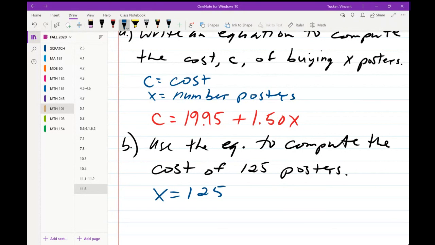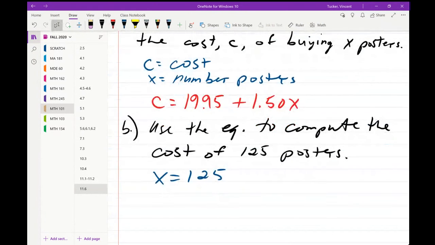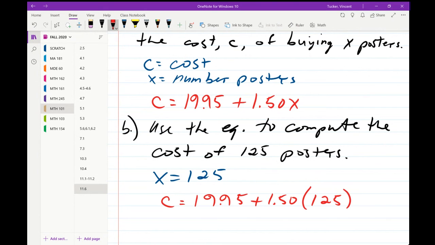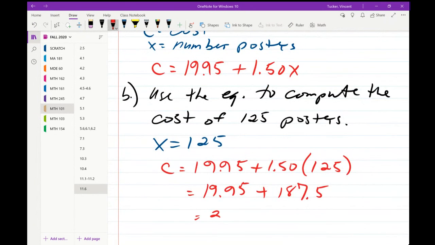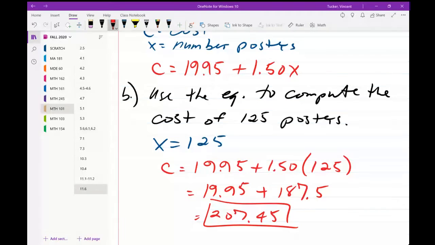So that means X is 125, and plug that 125 into the formula. 125 times 1.5 is going to be 187.5, which would be 207.45 with the 19.95. So that's how much it would cost: $207.45.